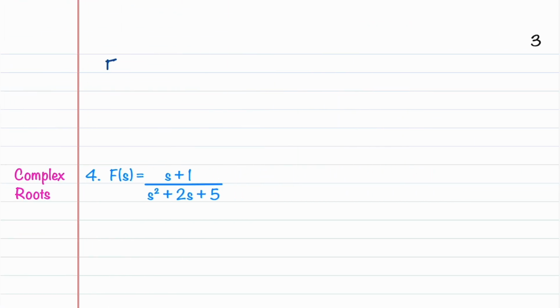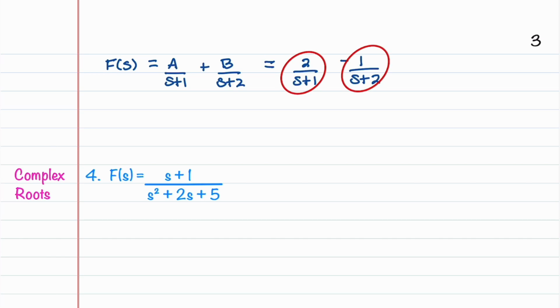We had f of s is equal to a divided by s plus 1 plus b divided by s plus 2, and this is now equal to 2 over s plus 1 minus 1 all over s plus 2. Let's now look at these expressions and go back to our table and see what we can see that might match up with this.